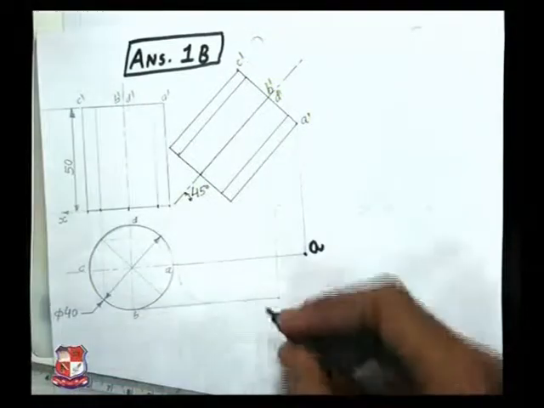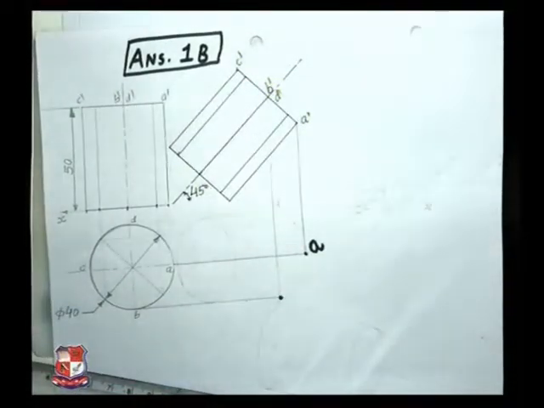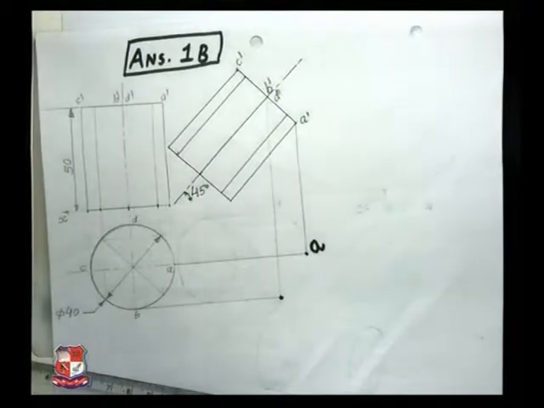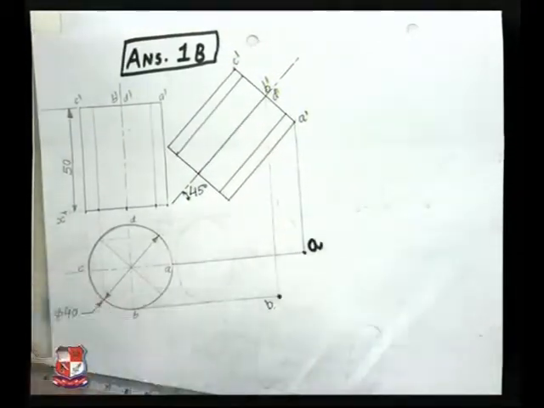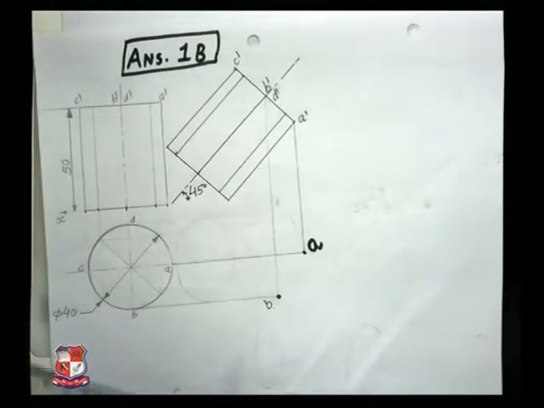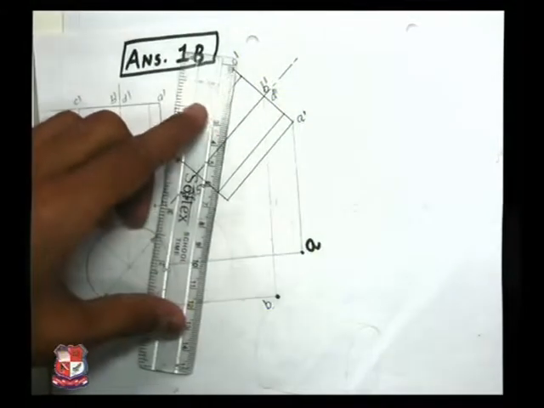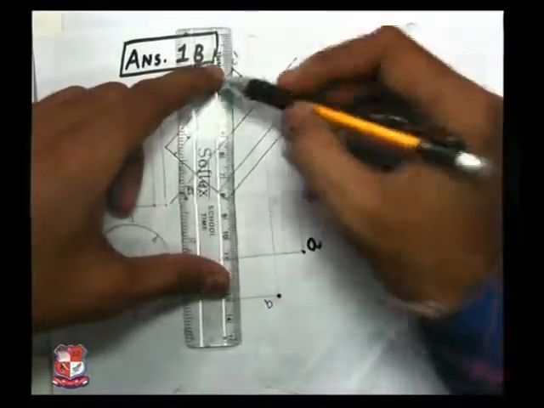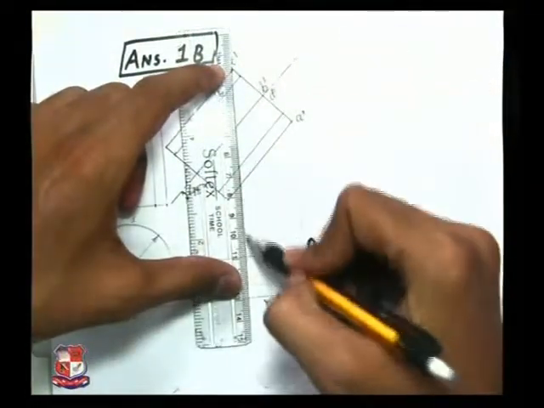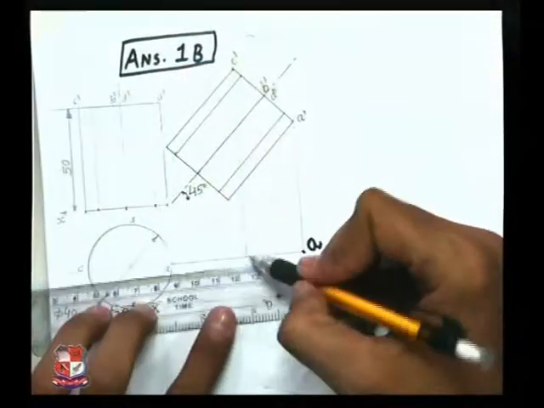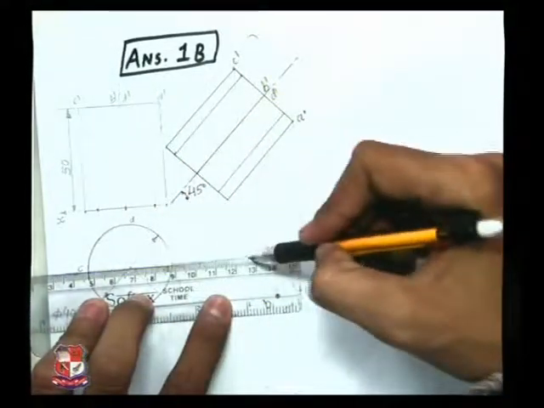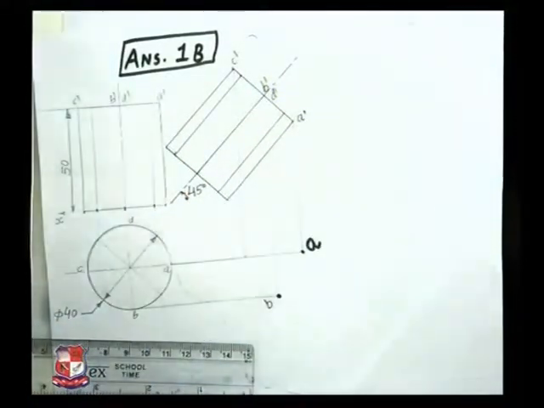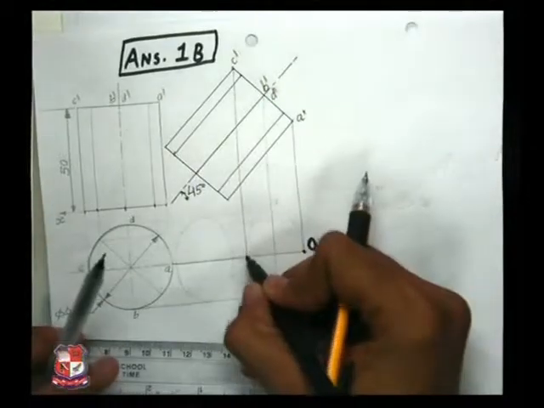So here is the point of intersection, that is point B. As it's a top view, the name of the point should be B. Now point C: a vertical line from point C dash, like this, and a horizontal line from point C. Both will cut at one point, and this is point C.